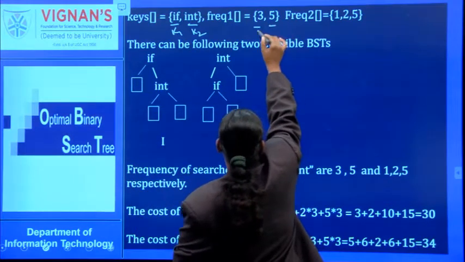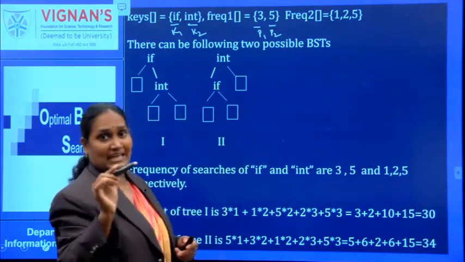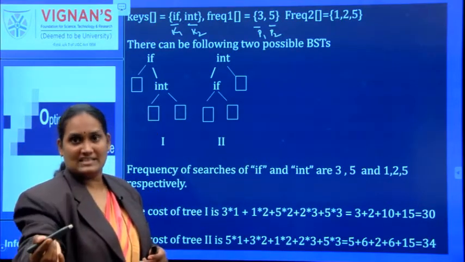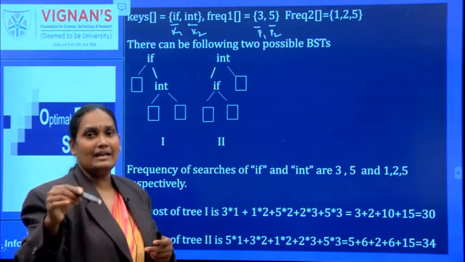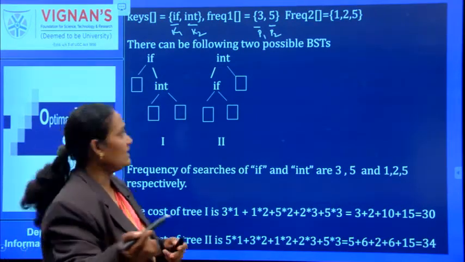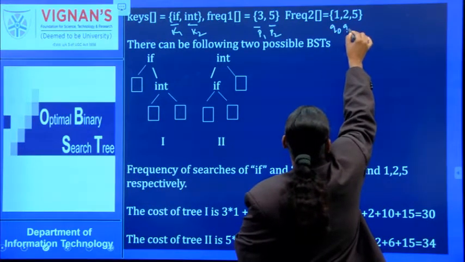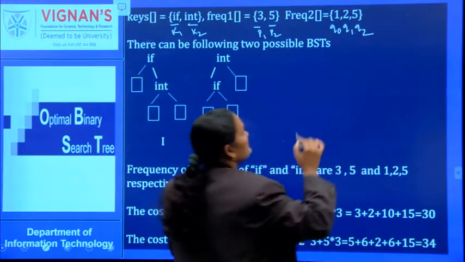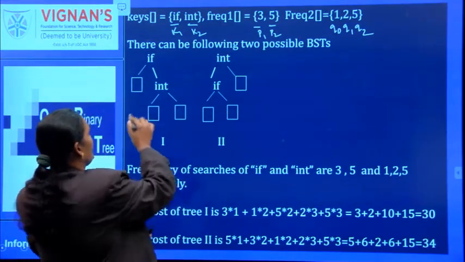Their probabilities are 3 and 5, and I already told you that if key elements are 2, the dummy probabilities are 3, so 1 is extra. If key elements are n, there are n plus 1 dummy nodes. That's why here the dummy probabilities are 3, which are Q0, Q1, Q2, given as 1 to 5.